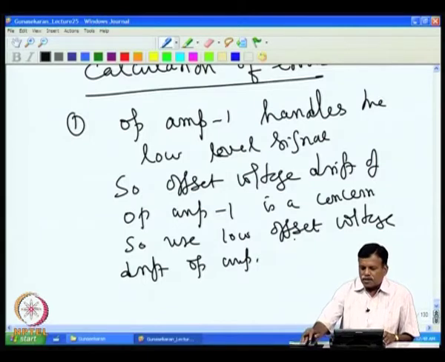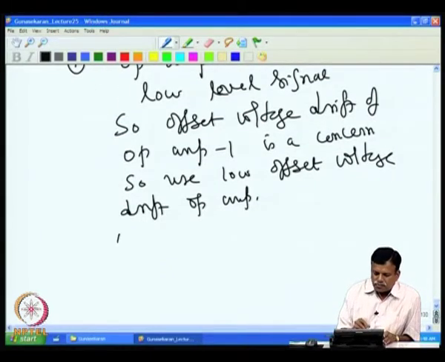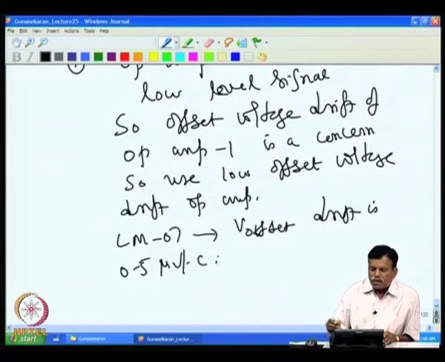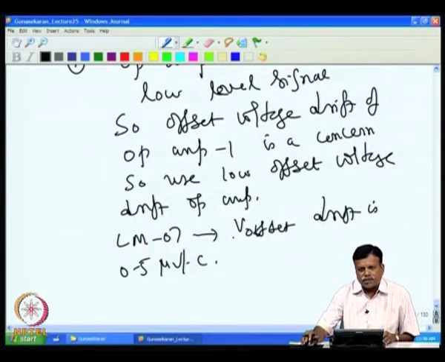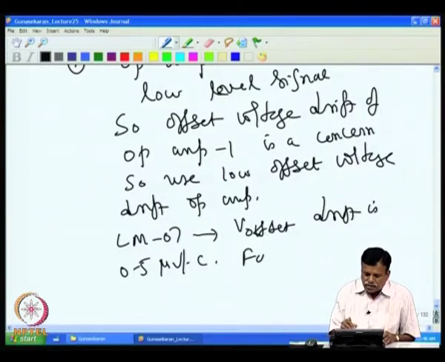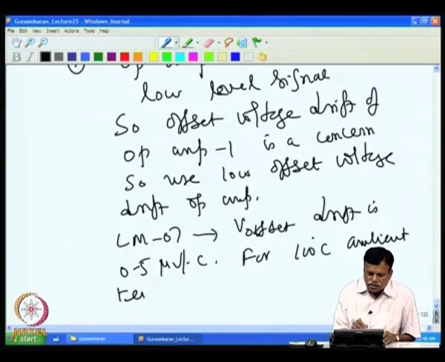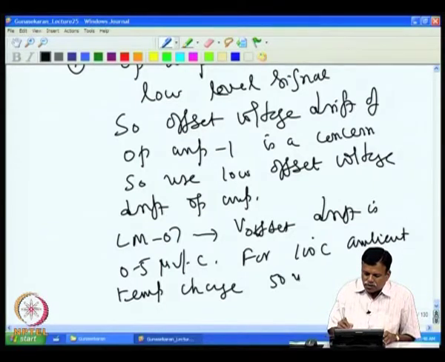For example, if I use LM07, the offset voltage drift is 0.5 microvolt per degree C. So, that will give for 100 degree ambient temperature change 50 microvolt, so 50 microvolt drift is expected.